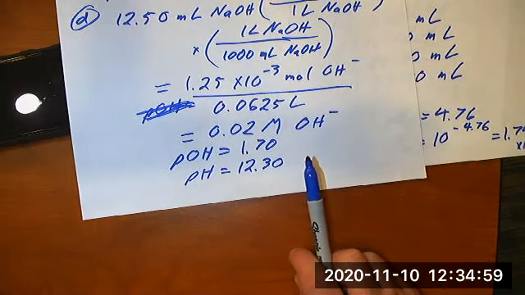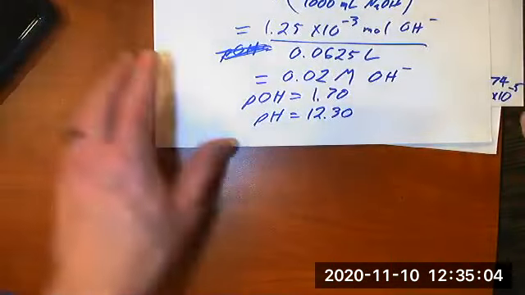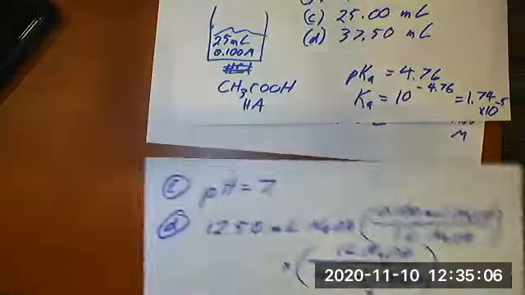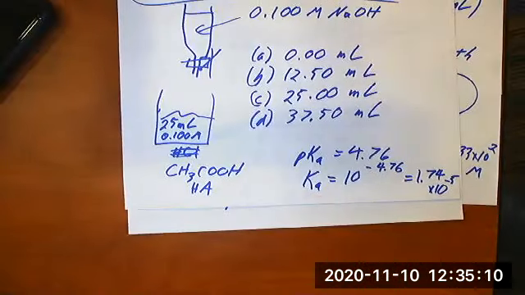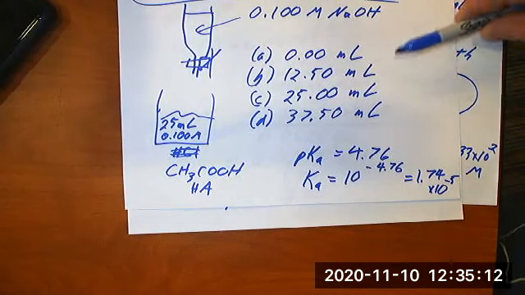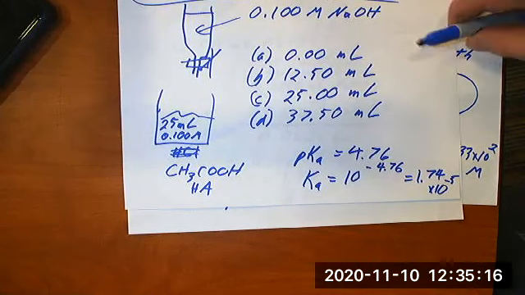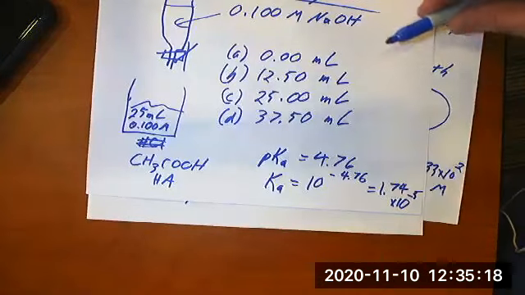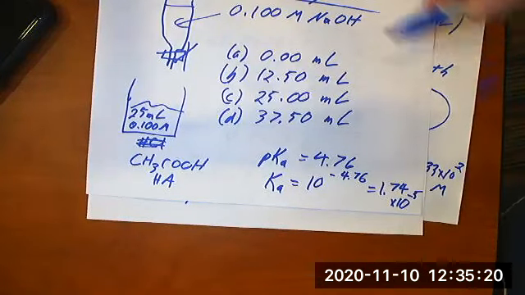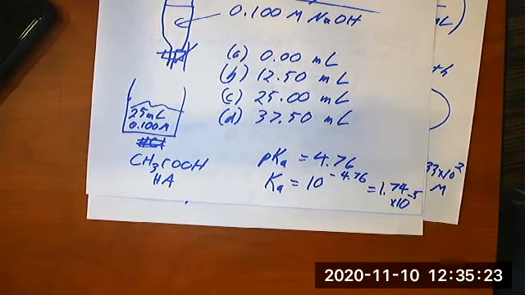Okay, so the important points here are that when we have a weak acid, or if we're doing a weak base, you have to identify, are you in a regime where the equilibrium is playing a role?